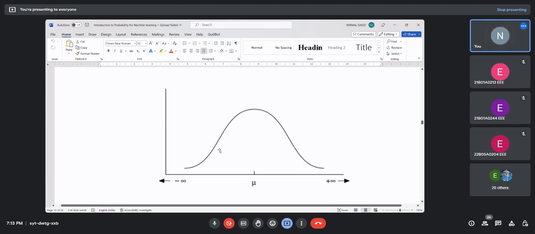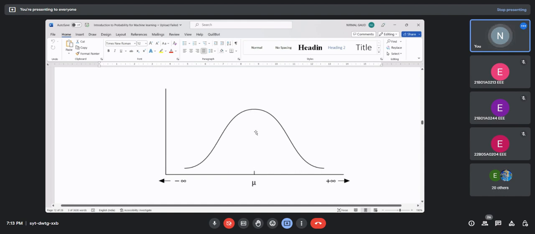This is normal distribution. If I am available with a data set and I am going to check what the distribution of the data is, I draw the histogram for the data set. And if I find this kind of curve, I will say, okay, this data is normally distributed. Normally distributed means you can see where the mu value is, here is the mu, this is the mean value.